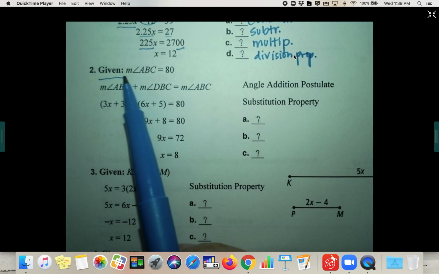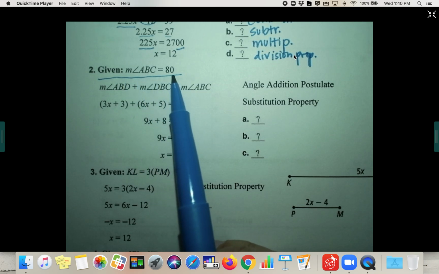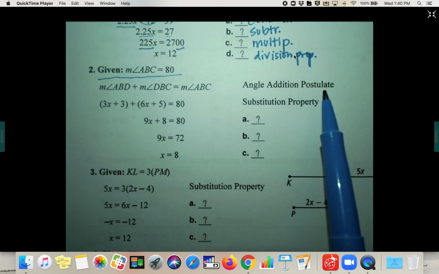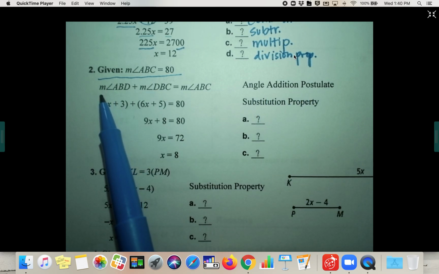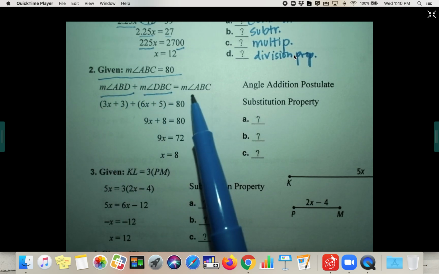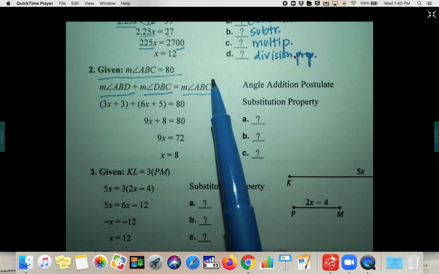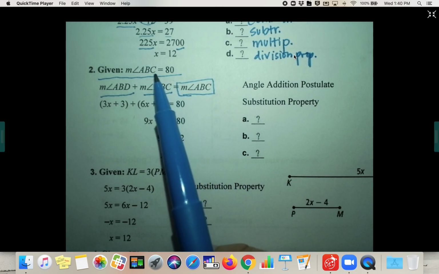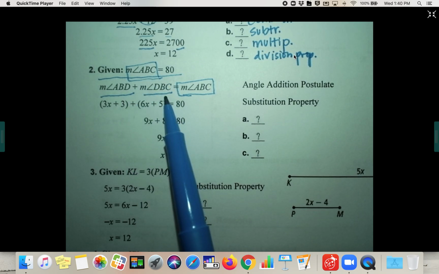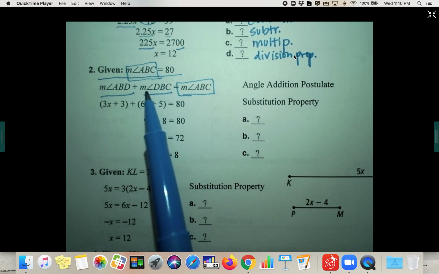It was given that the measure of angle ABC equals 80 degrees. And so what they did was they told us with the angle addition postulate that the measure of angle ABD plus the measure of angle DBC equals the big measure of angle ABC, which is this one. So they added two to make it equal this one.